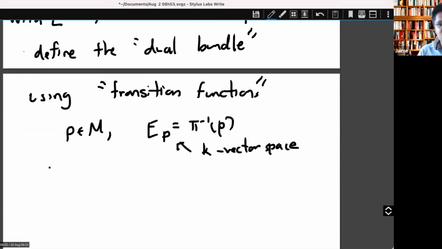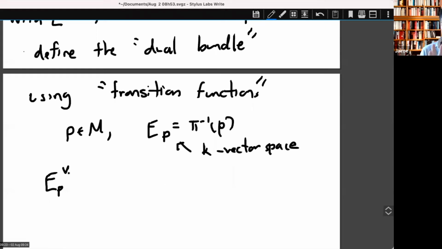So since we are in the world of linear algebra, and this is a word I'm going to use a lot in this course, linear algebra is very important in Hodge theory. You can consider the dual vector space associated to EP, right? And so there's a form to glue the dual vector spaces to get a new vector bundle, right? And this is done via the transition functions.